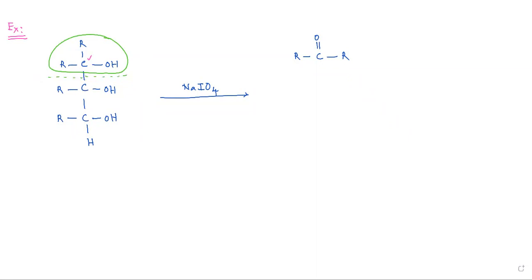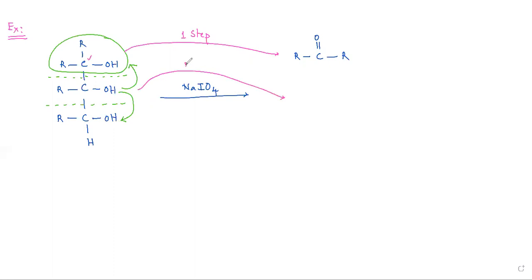Okay, so that gives rise to a ketone after one-step oxidation, in just one step. Now, if you consider the middle one, it has an OH group on this side, and even on the other side. So this undergoes two-step oxidation. Okay.